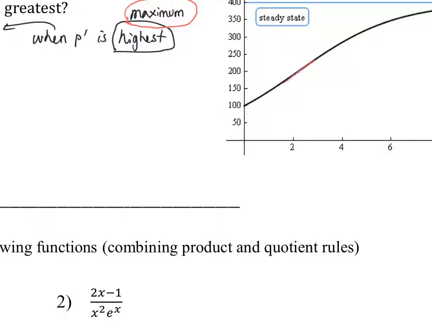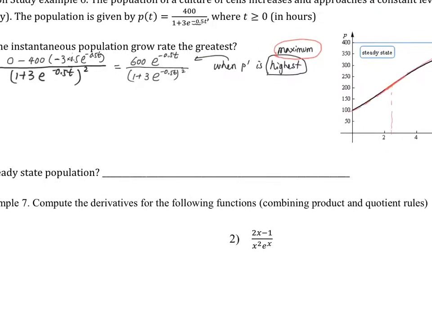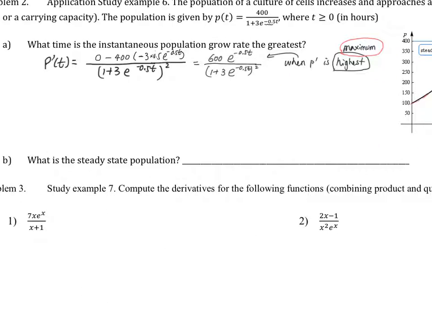Seems like somewhere here the slope of the tangent line is highest, because after this point it's getting flatter and flatter. Before this point it's still going from flat to increasing, right? So somewhere here is the highest point. So for now we're going to use the graph.